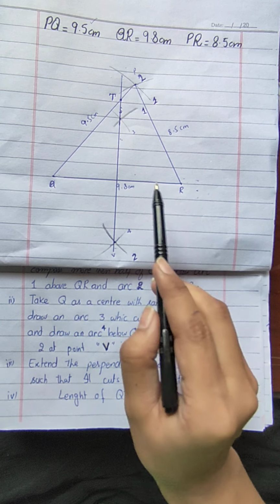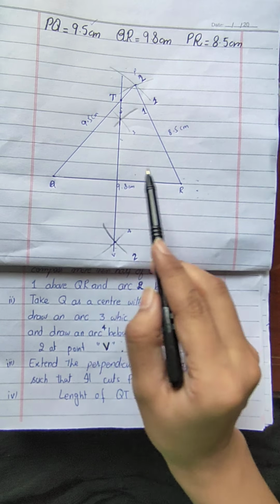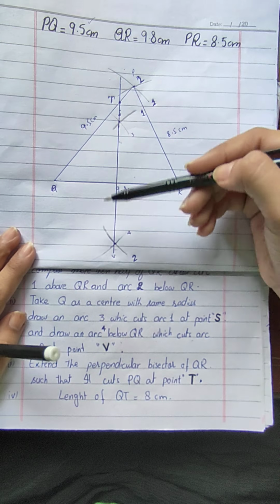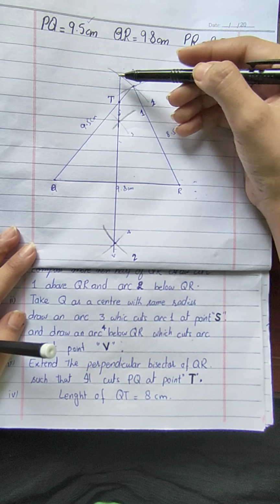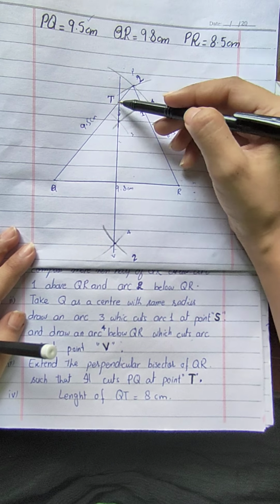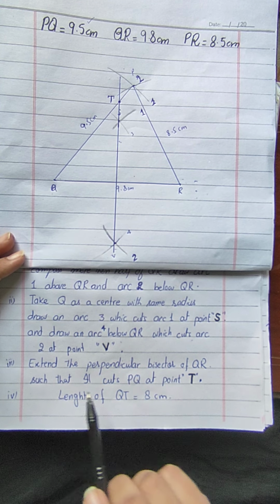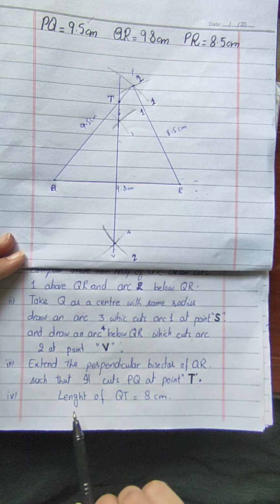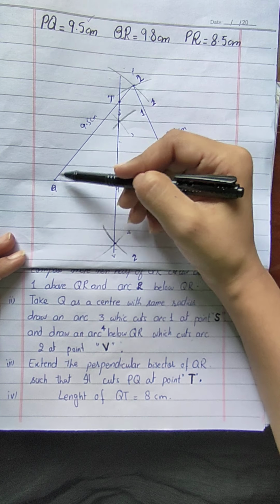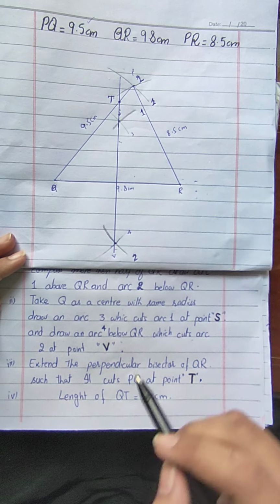The perpendicular line of QR is SV. When we extend it, it cuts PQ at point T. And the same thing we have written in the construction step. And the last one is the length of QT is 8 centimeter.